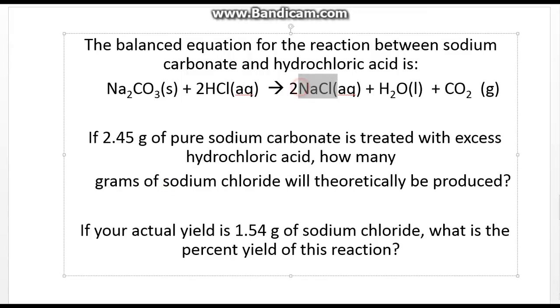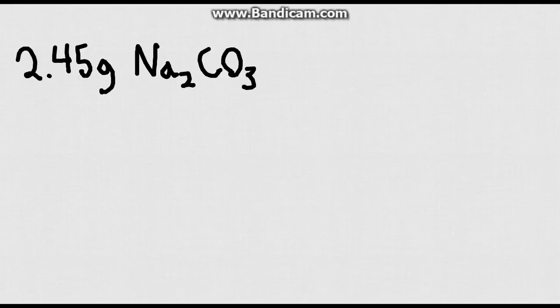We are forming 2 sodium chlorides for each sodium carbonate molecule, so we have to add up the weight of our sodium carbonate molecule and multiply that out. I'm going to show you a little thing that I call the train tracks. So we have this 2.45 grams of sodium carbonate, which I'm just going to label as SC for now, not to be confused with South Carolina.